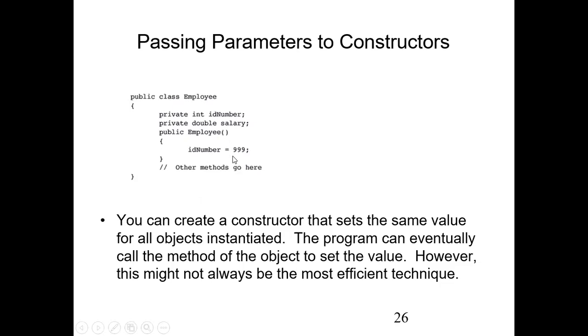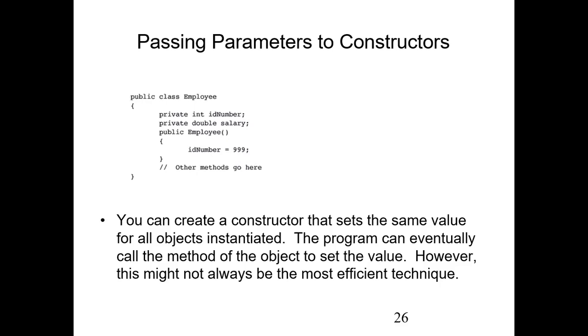When we are creating our constructors, we can put the constructors before the other methods, just after the instance variables, then we have our constructor, and then we can have other methods. Like I'm saying, this one is setting the ID number to 999 for every employee, which means whenever we create an employee, the ID number of that employee is going to be 999. Ideally, this is not the way things should be done.